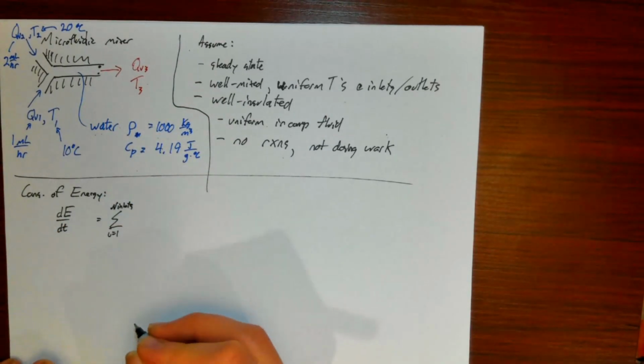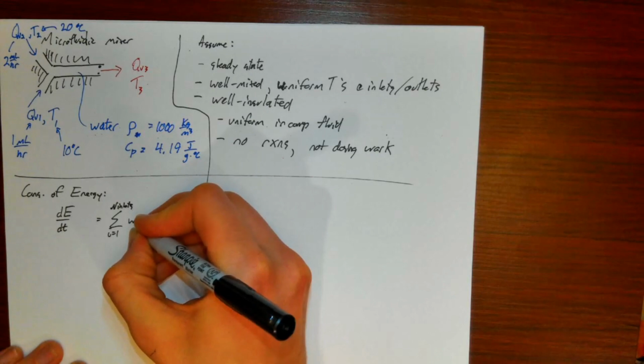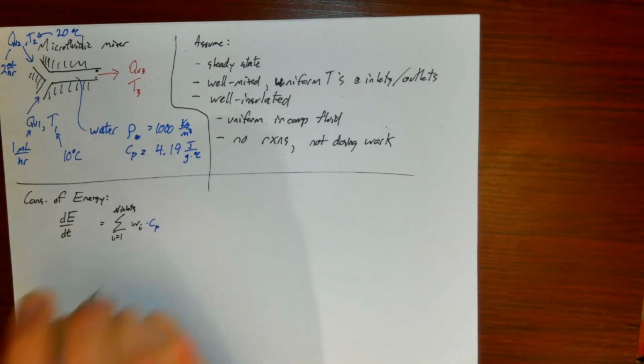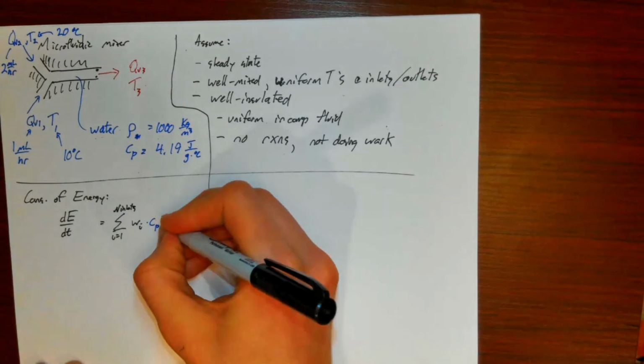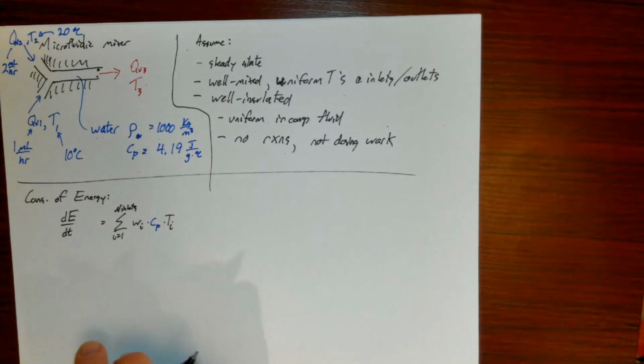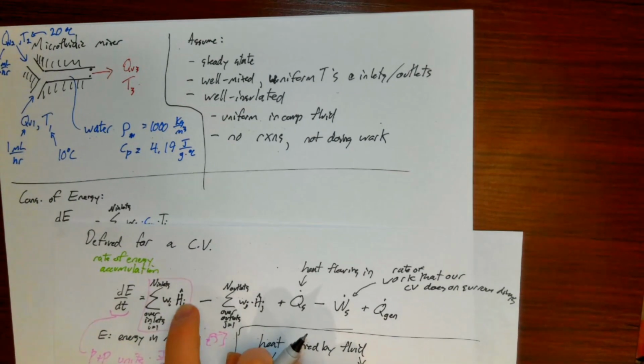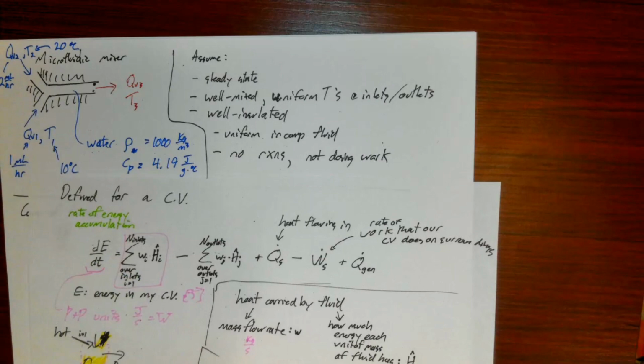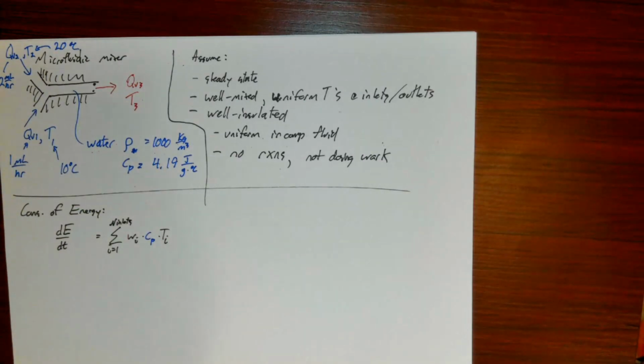I have my accumulation term, and instead of having the H sub i's, I can replace them with a slightly more convenient formulation in terms of specific heat, right?